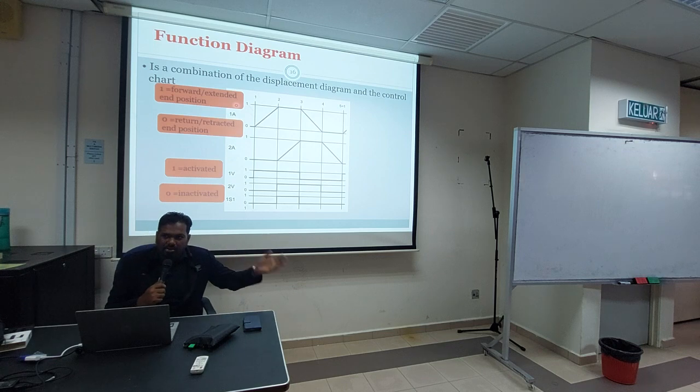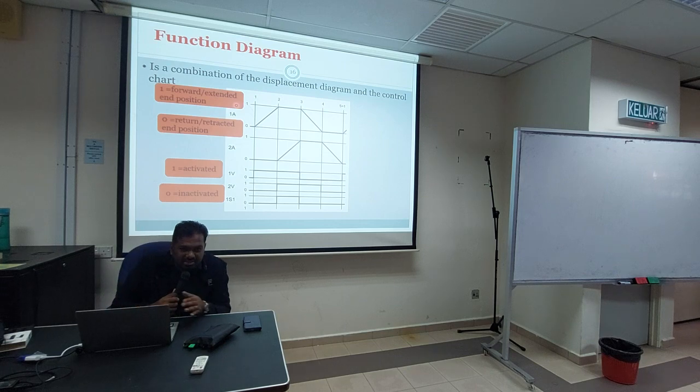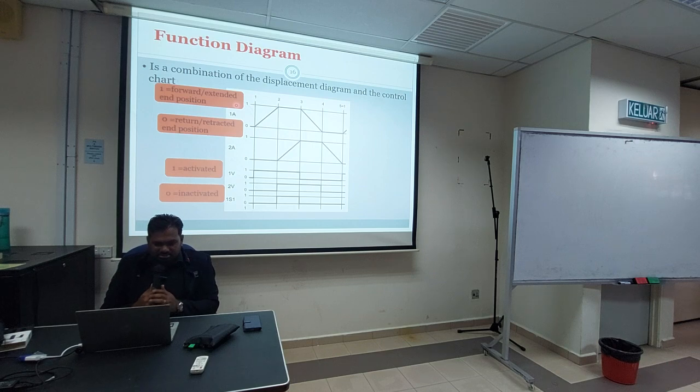Then you kena gunakan simple narrative. Ataupun you gunakan in your circuit design. So use whatever. So function diagram ke ataupun motion diagram ke, so whichever things that can give you convenience in designing. So baca dekat sini function diagram, it has a step diagram and also control chart.